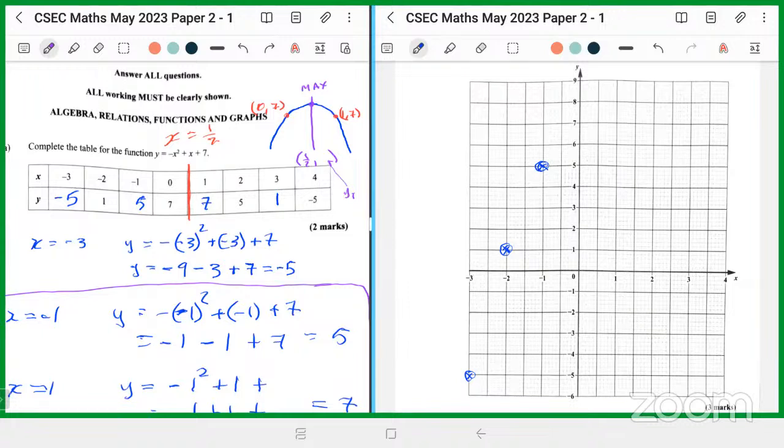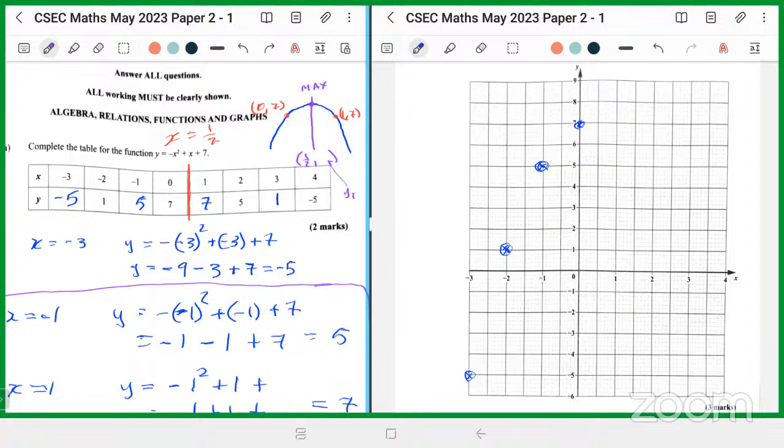The next point is (0, 7), because remember it's the y-axis intercept. It cuts the y-axis at 7. (0, 7) is right here. All right, the next point we have is (1, 7). But we do have the vertex point. If you understand the quadratic graph, you will know that there's a vertex point higher than 7.